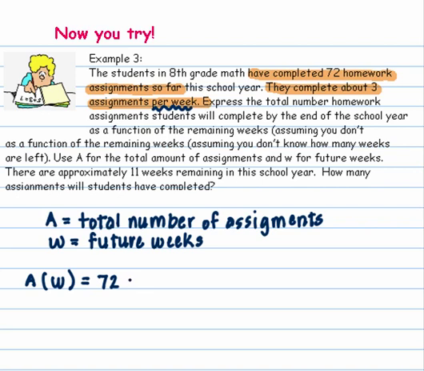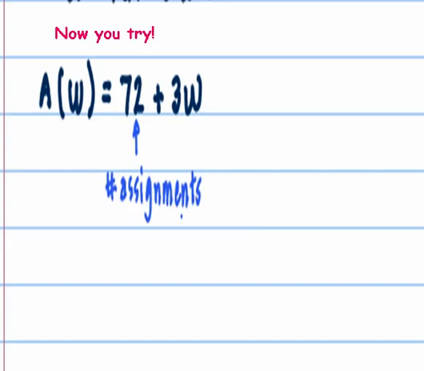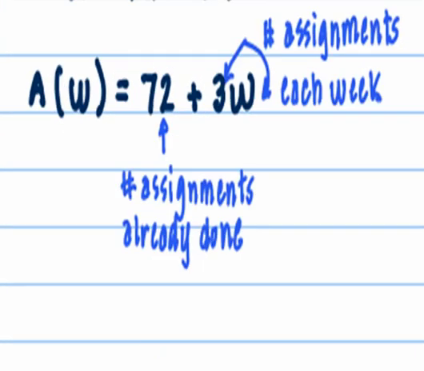So we'll need to take 3 and multiply it by our input variable W. 3W means 3 times W, or 3 times the number of weeks that remain in the school year. So again, the 72 represents the number of assignments they've already completed. The 3 represents the number of assignments that they complete, and the W represents each of the weeks that are remaining in the school year.